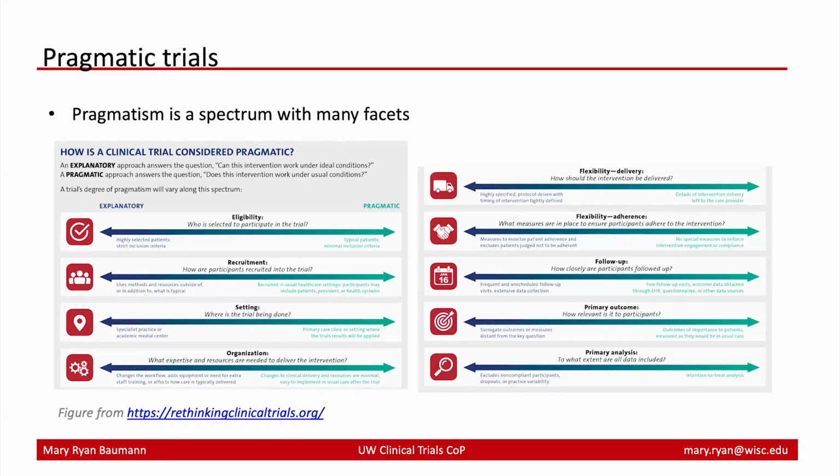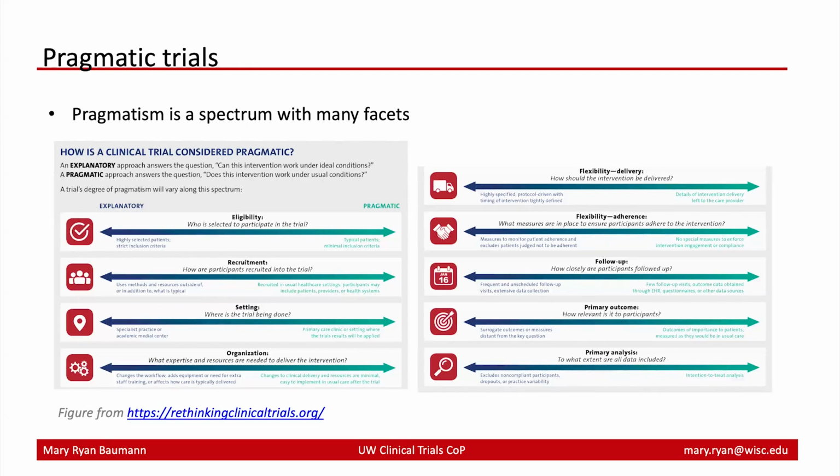Whereas on the more pragmatic side, we tend to focus on recruitment in the usual healthcare settings. And we also tend to think of who is considered a participant in a slightly more broad sense, because participants could include patients, or depending on what your intervention is, it could also include healthcare providers or health systems themselves. So maybe gathering outcomes on multiple dimensions here.